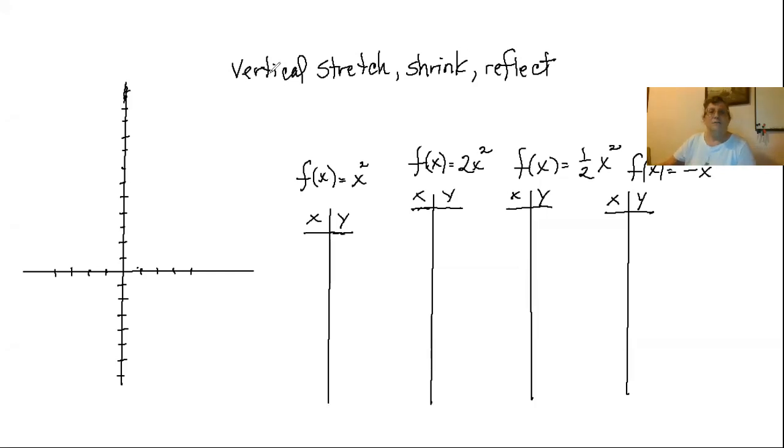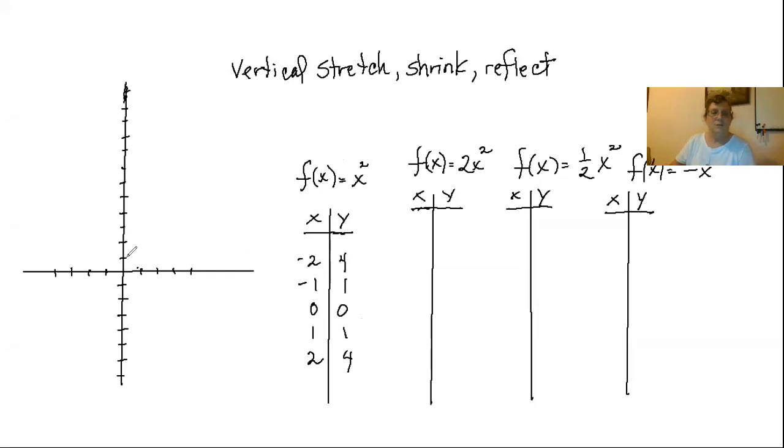Let's look at what would cause a vertical stretch or a shrink or a reflection and what that means. If we look at the parabola x squared and we plug in, say, the numbers from -2 to 2, -2 squared is 4, -1 squared is 1, 0 squared is 0, 1 and 4.